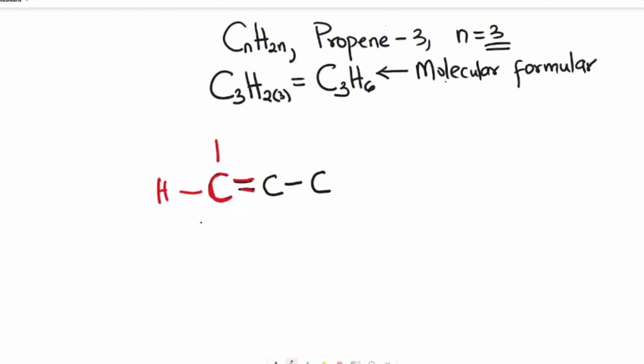So we have 1, 2, 3, 4. That's for this carbon, this guy's carbon. How about this other carbon? Let's look at this carbon. For this guy's carbon, right, we're going to have what? 1, 2, 3, 4.